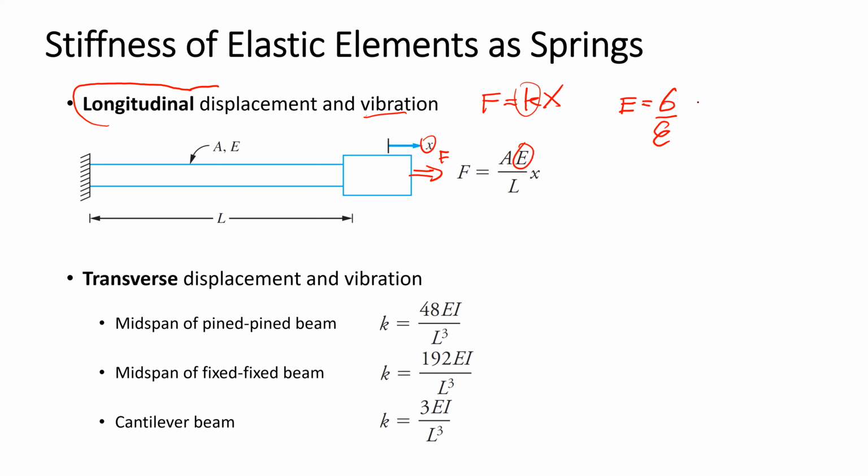The stress is the force divided by the cross-sectional area of the component. The strain is the deformation divided by the total length before we apply the force.